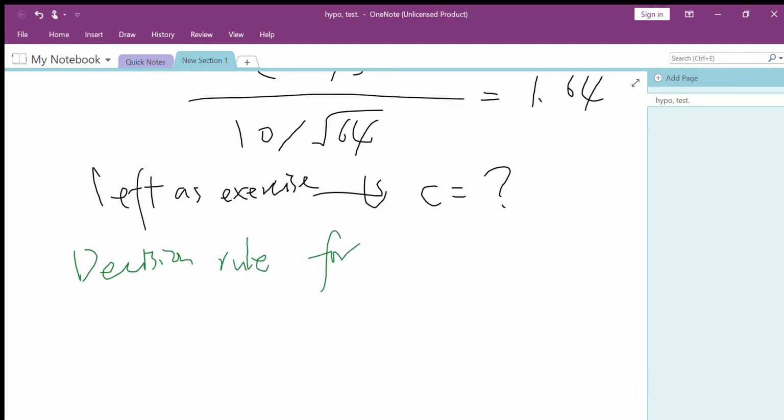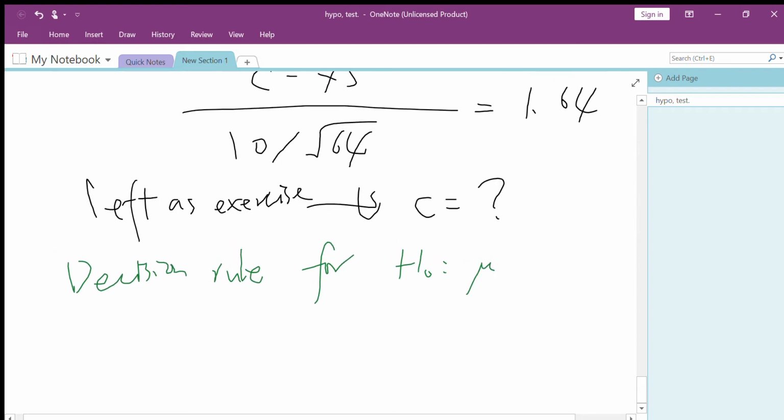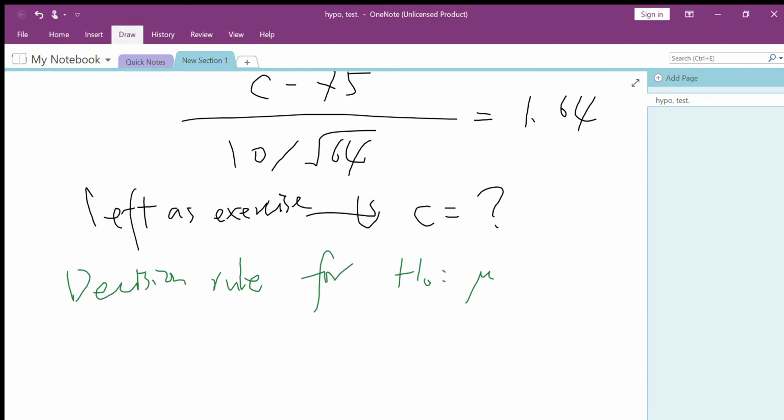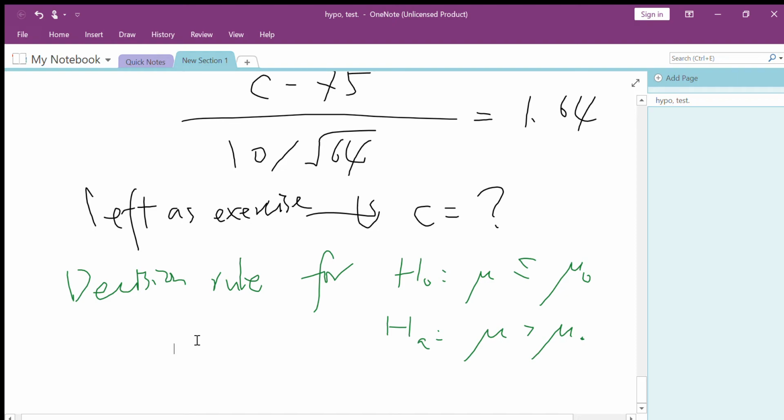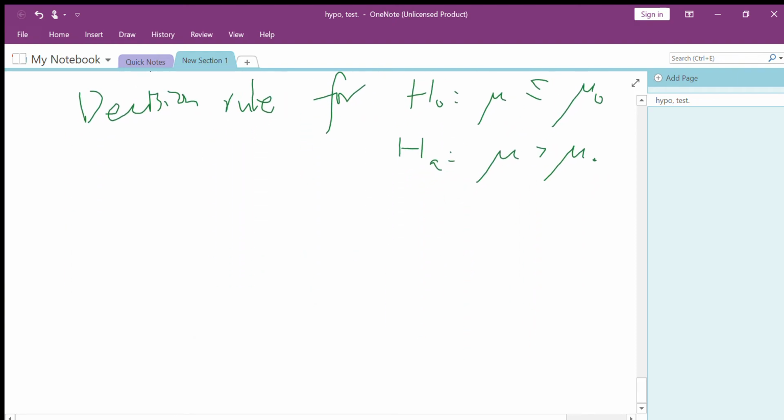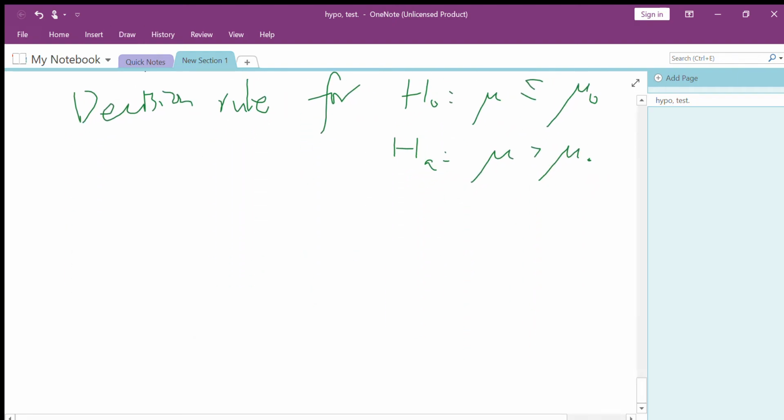For H null, mu less than or equal to mu 0, and H alternative, mu greater than mu 0, our decision rule is what?